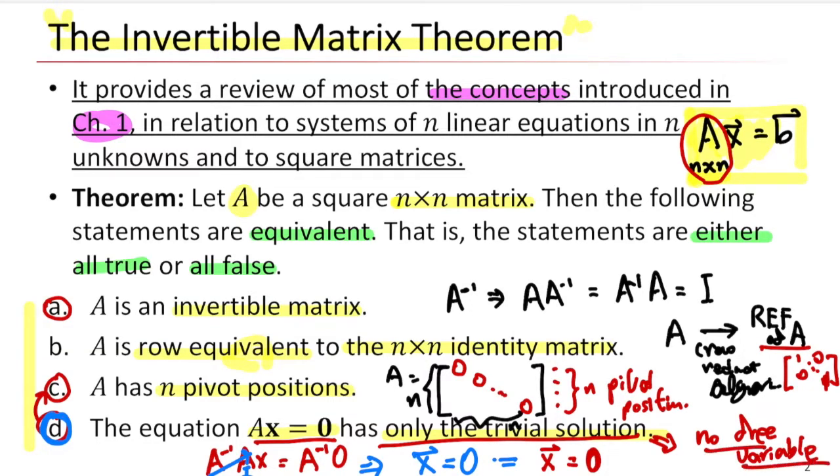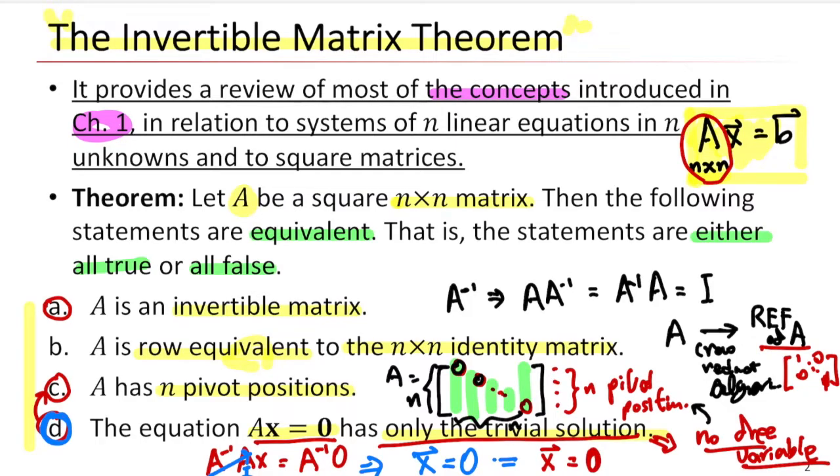Do you remember what a free variable is? If there are free variables, there are infinitely many solutions depending on the free variables. But because there is only the trivial solution, there is no free variable. So what does it mean? If there is no free variable, every column should contain a pivot position.